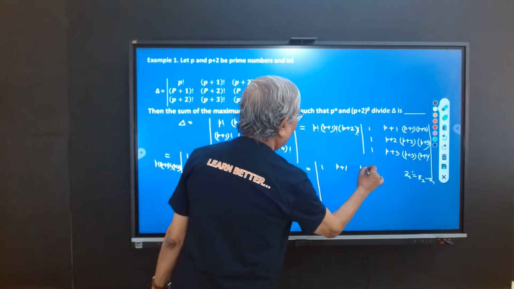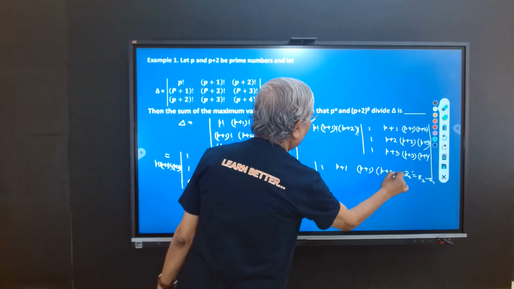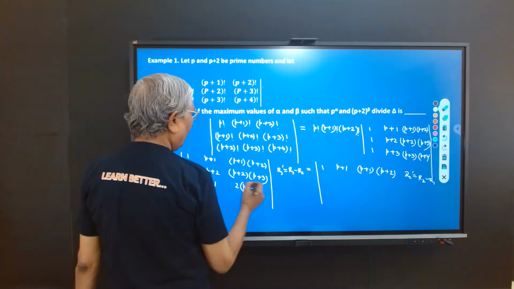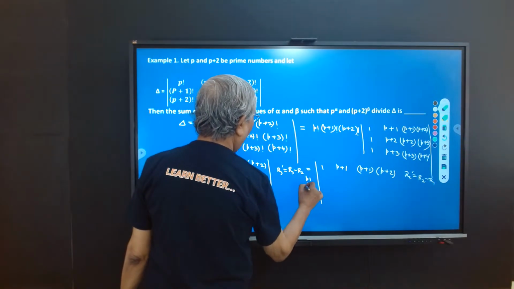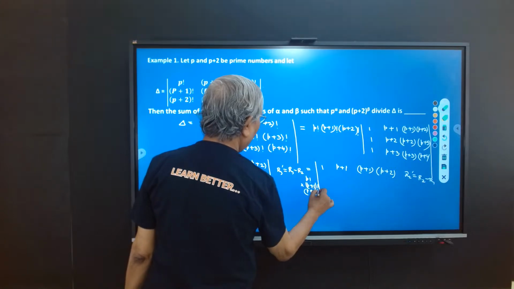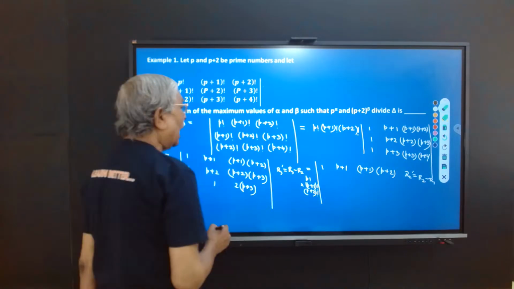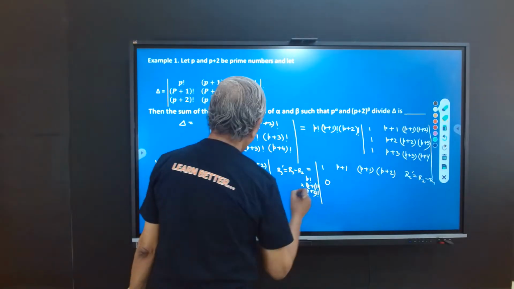This always remains the same, factorial p into factorial p plus 1 into factorial p plus 2 outside. R2 dash equals R2 minus R1, so this will be equal to 0.